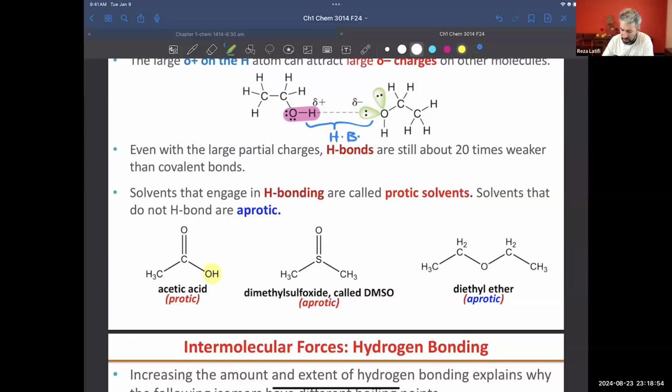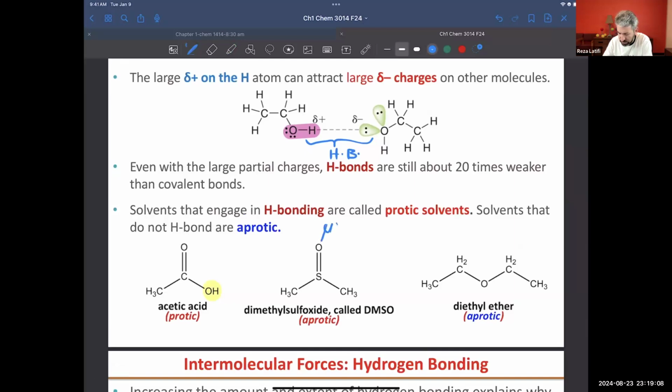And how about aprotic? An aprotic solvent, or aprotic molecule, is a molecule that does not have acidic H attached to it. This molecule is polar. Mu is bigger than 0, so it's polar, but there is no H there. How about diethyl ether? That one also is polar. Mu is bigger than 0, but there is no acidic H. That's the reason we call it aprotic.